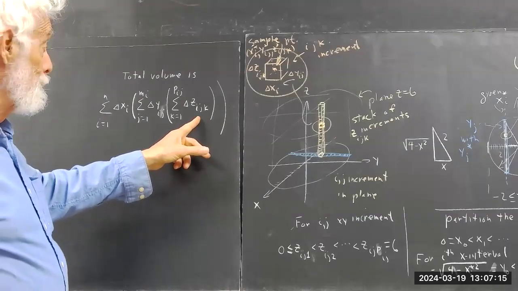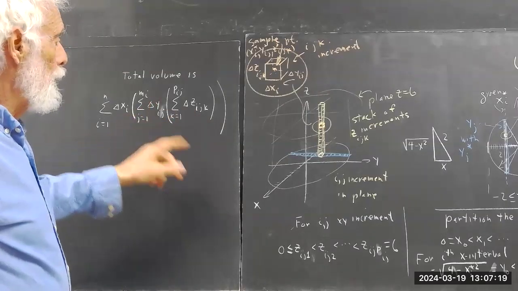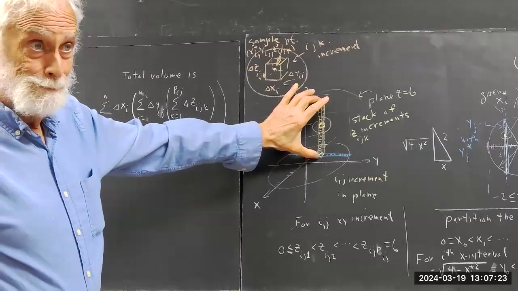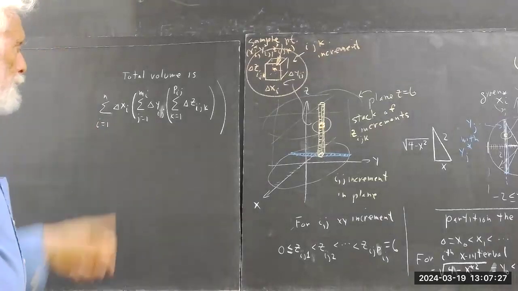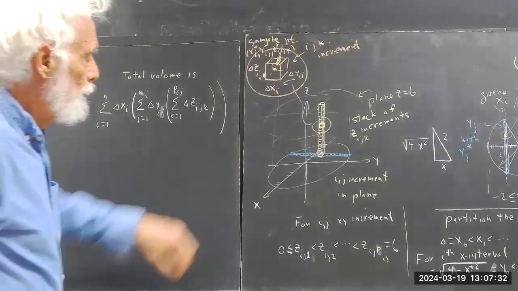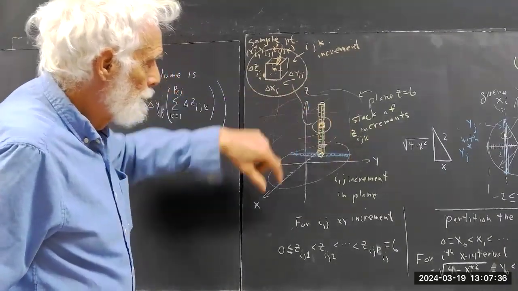Okay? And I multiply those by my delta y sub ij, which gives me the volume of this stack. And then I add those up, j equals 1 to m sub i, which gives me the volumes of all the stacks from here to here.